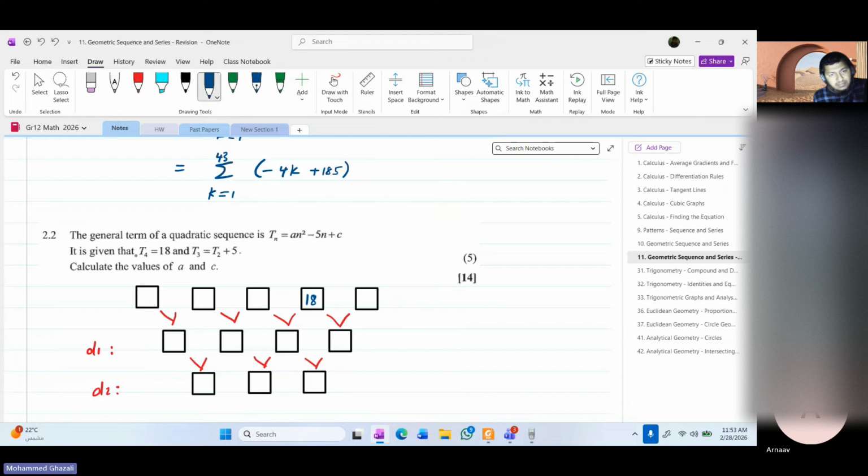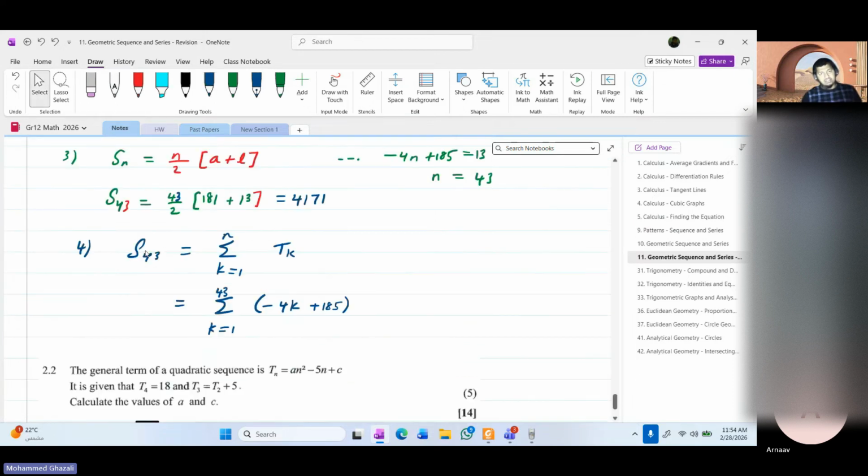And then term 3 is term 2 plus 5. Term 2 plus 5 will give me term 3. That's what they mean here.